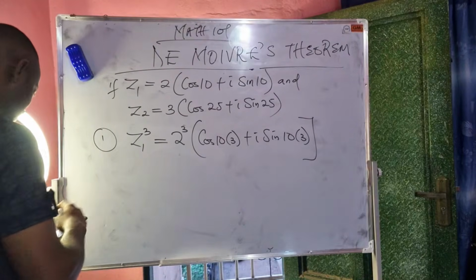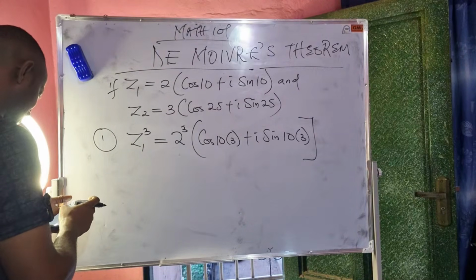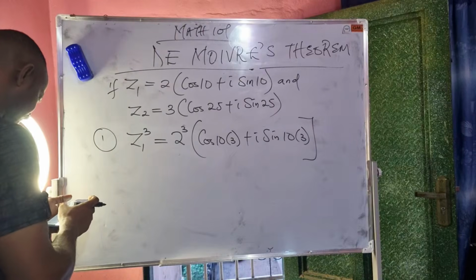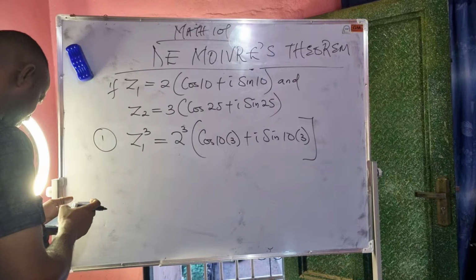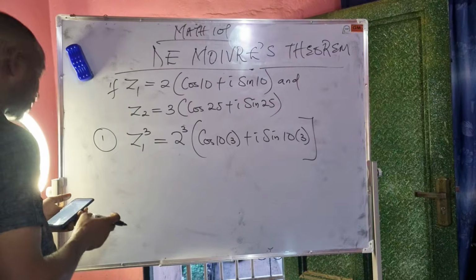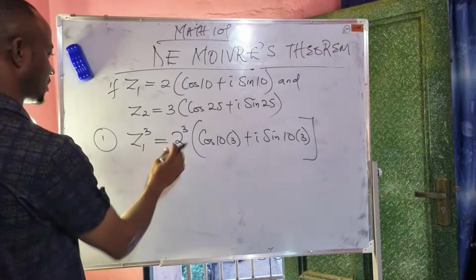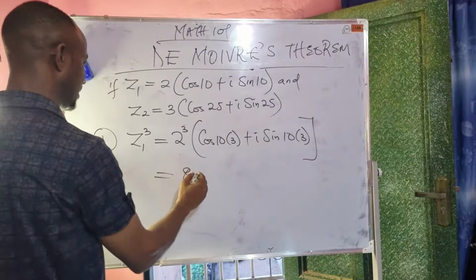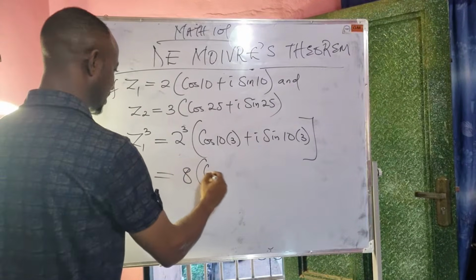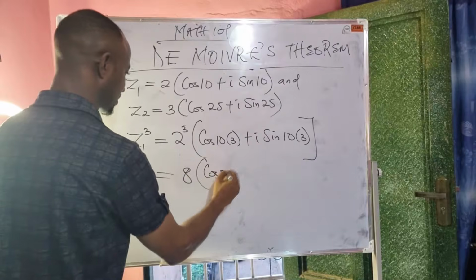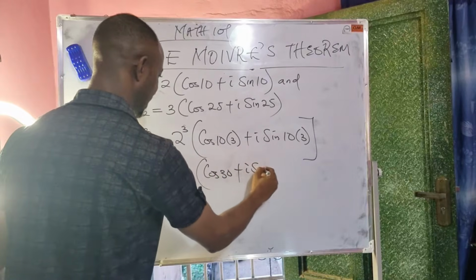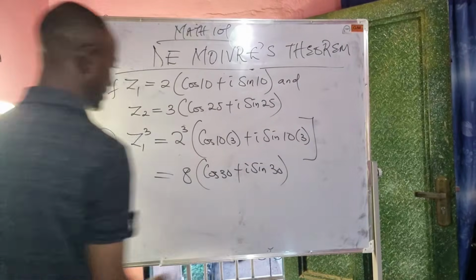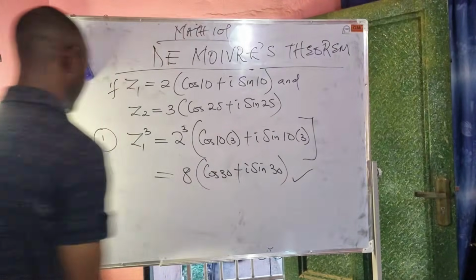So 2 raised to 3 is actually 8, and cos 10 times 3 is cos 30 plus i sin 30 degrees. This is just the answer to the first question.